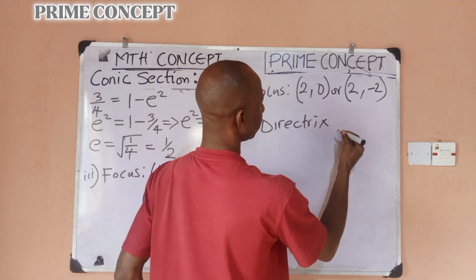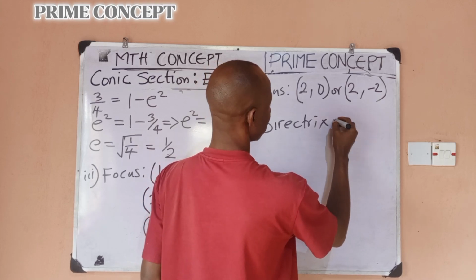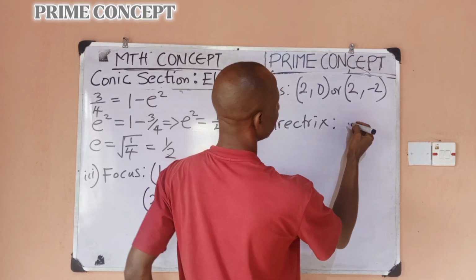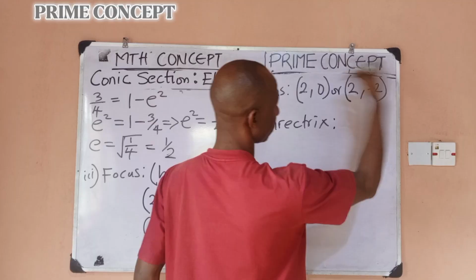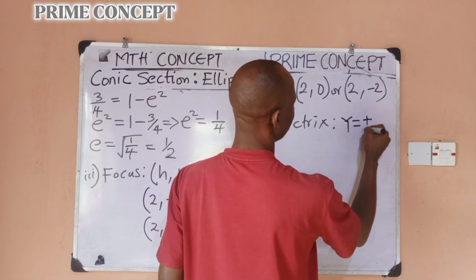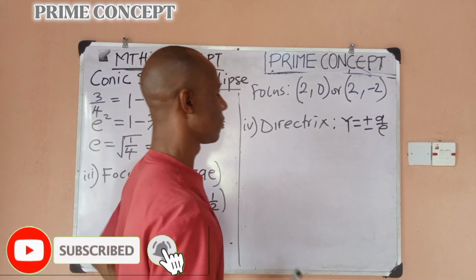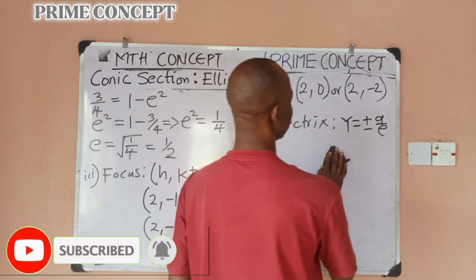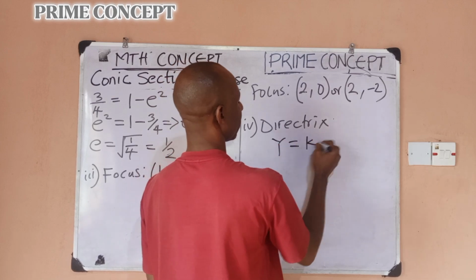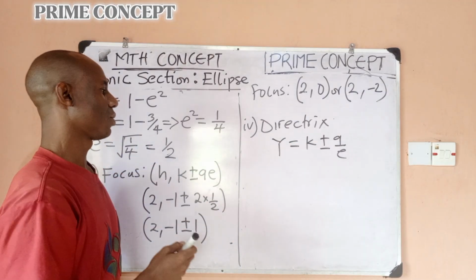Assuming we were at the origin, our major axis is the y-axis, so the directrix is going to be along the y. So it's going to be y equals plus or minus a over e. This is what it should be, assuming we're working from the origin. But since we are not working from the origin, our directrix should be y equals k plus or minus a over e.